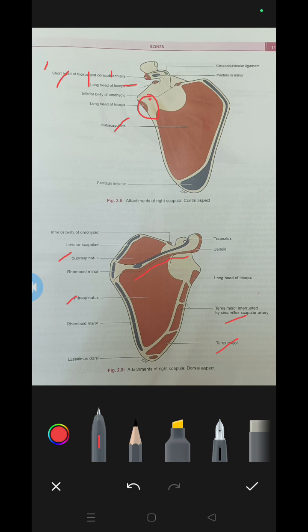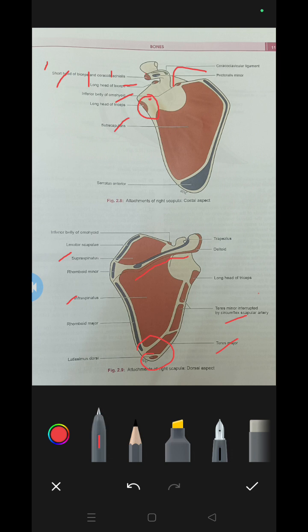Latissimus dorsi arises from the inferior angle. This is the inferior angle, I have told you in the last video. Inferior belly of omohyoid is the last origin of the scapula. It arises from the upper border near the suprascapular notch. This is the suprascapular notch.